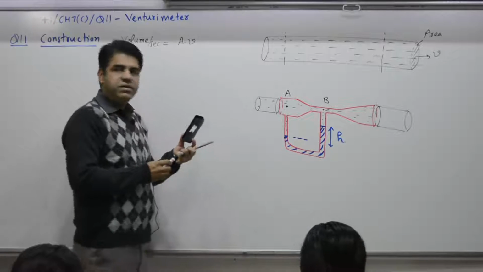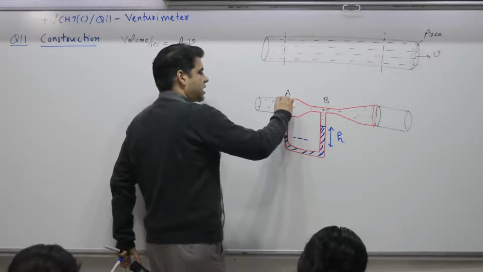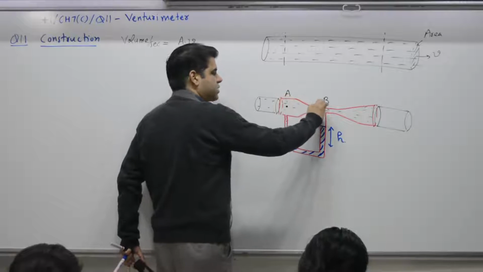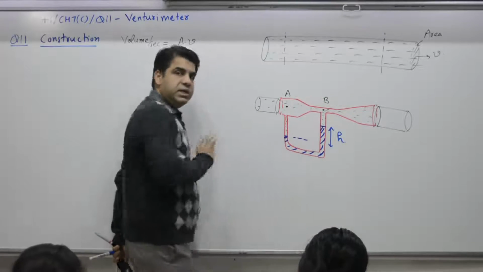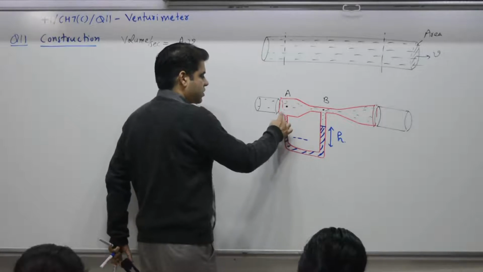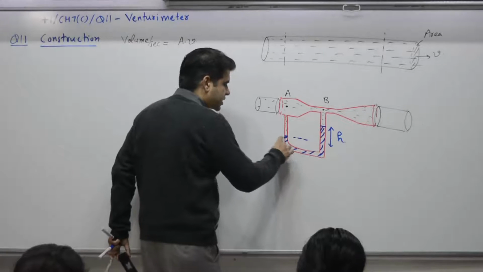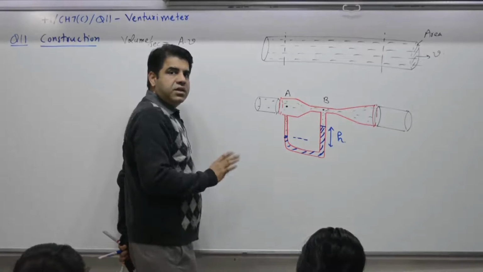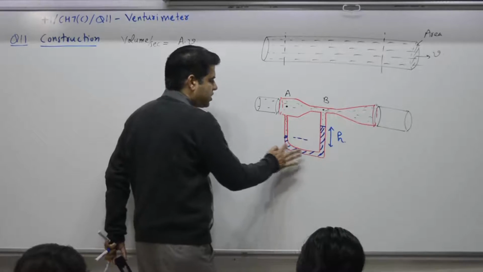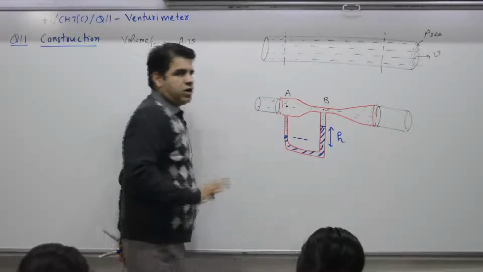What is the arrangement? Number one, you have a tube. One area is more in comparison to the other. That means you have a neck arrangement. You have a U-tube, and in U-tube you have a liquid for measuring pressure difference between these 2 points. This liquid, blue color liquid, is different from this black color liquid, say water.